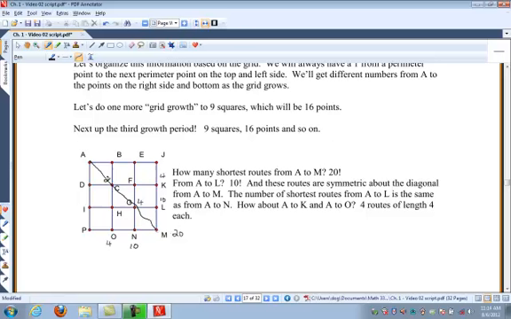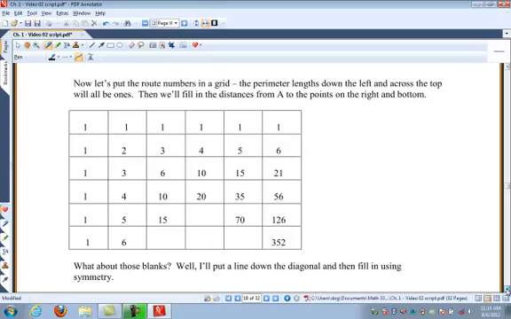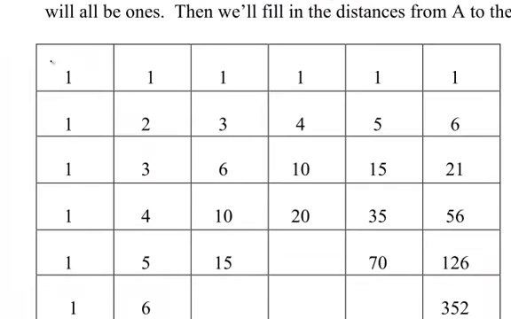Let's put the numbers themselves in a grid. Here we go. I've got a table here. So this would be like A and B and E and J. A to B is 1.